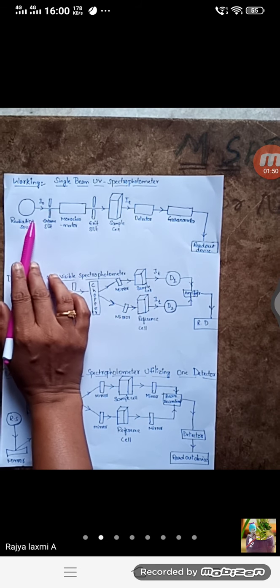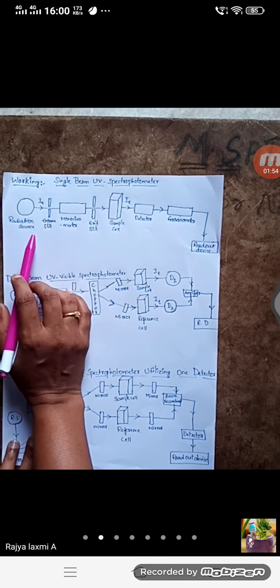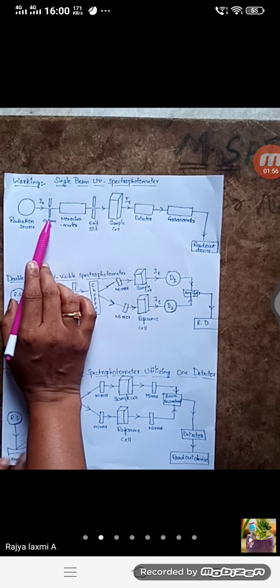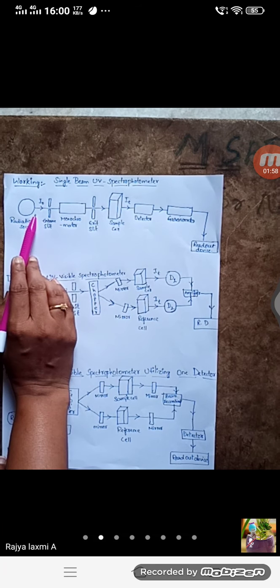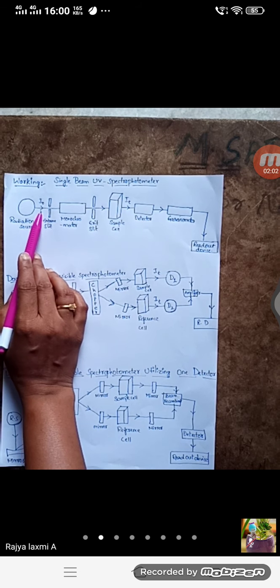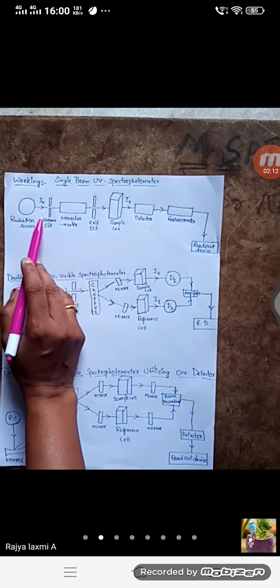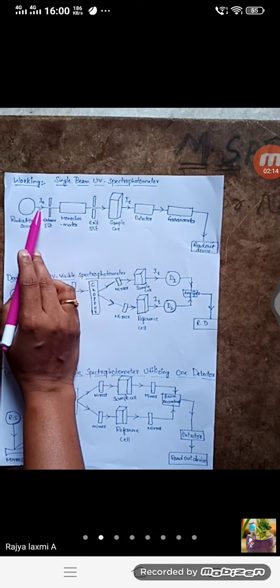The light rays passing through the entrance slit carry incident light, I naught. A part of the incident light is absorbed by the sample while the remaining is transmitted.